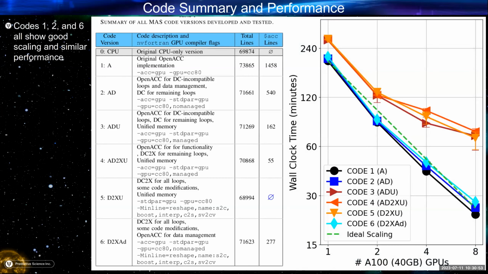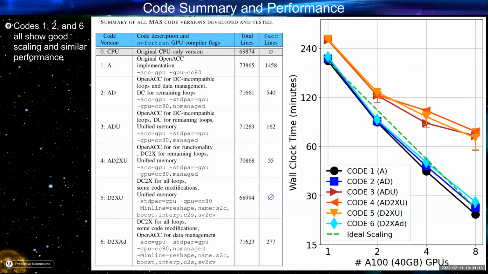So here's the performance. This is the figure for the whole talk in a way. Let's focus on the black, blue, and light blue lines. These are the codes that are using managed memory. The black circles are the original OpenACC code that we've been using this whole time.